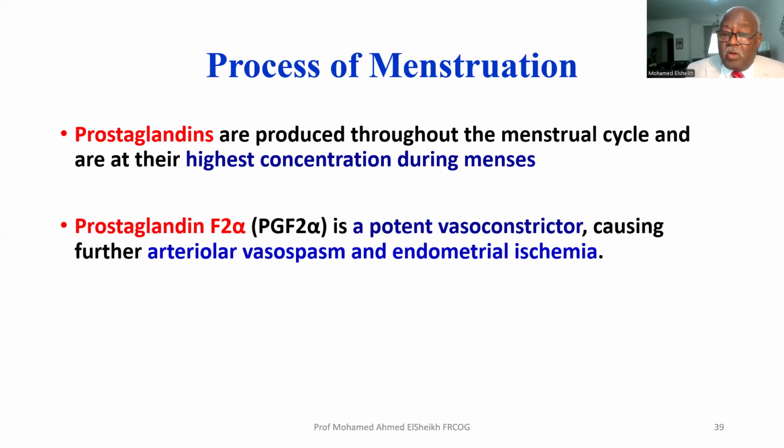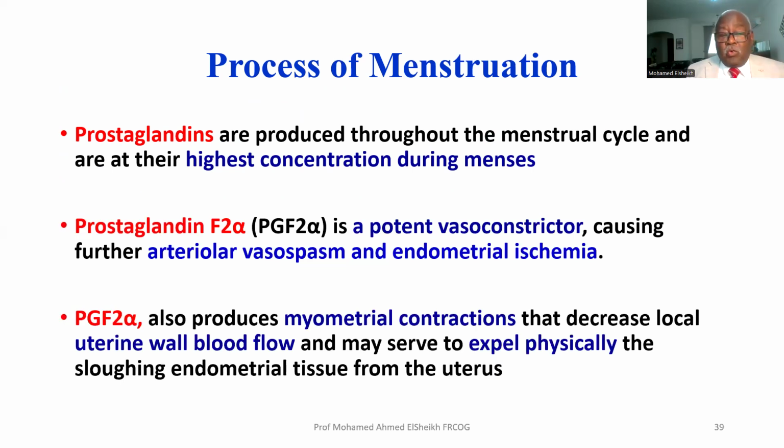Prostaglandin F2 alpha is a potent vasoconstrictor, thus causing further arteriolar vasospasm and endometrial ischemia due to the presence of prostaglandin F2 alpha. Also, prostaglandin F2 alpha produces myometrial contractions.